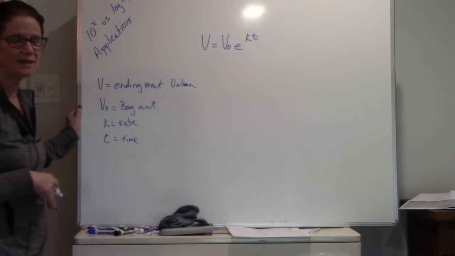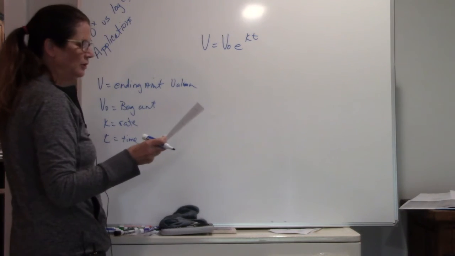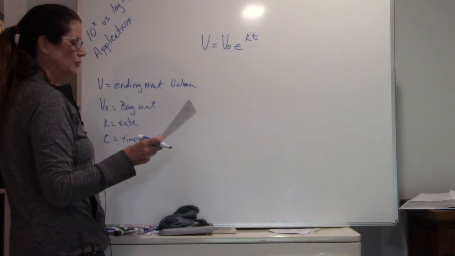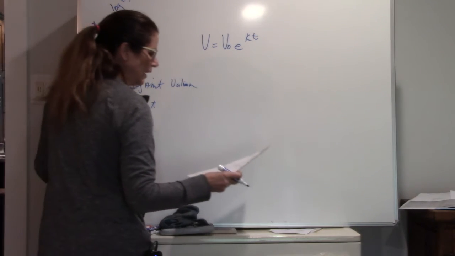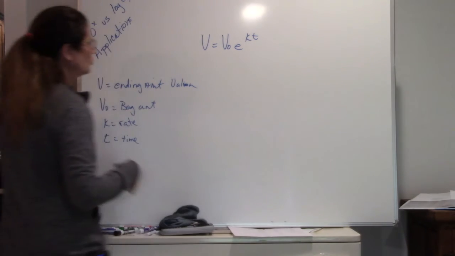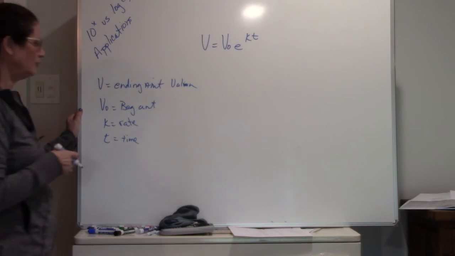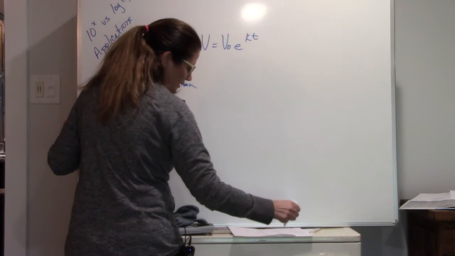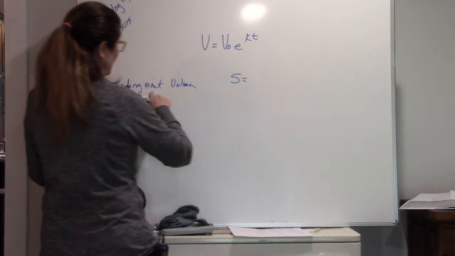So same exact setup. So the question is, if 10 milligrams of volume decays to 5 in 36 hours, find the rate of decay. Okay, so it decays in 36 hours. So because we started with 10 and we ended with 5, that's where you have to be careful. If 10 milligrams decays to 5, so 5 is our ending amount.